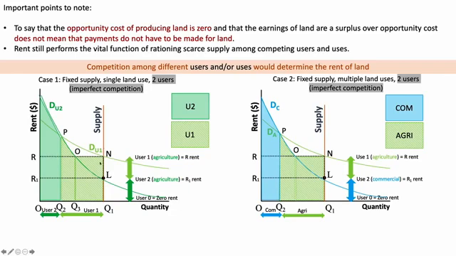But why would user 1 pay anything more than rent R, which is the rent he would generate where his demand curve intersects with the supply curve?